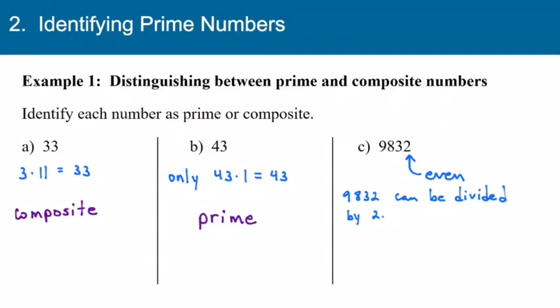In fact, I went ahead and figured out for us that 4,916 times 2 equals 9,832. So we know for sure that this number is composite. Now remember, it wasn't necessary to know the 4,916 in order to tell that 9,832 was composite. It's enough just to know that 2 times something equals 9,832. And if 2 times something equals that number, we know that number is composite.